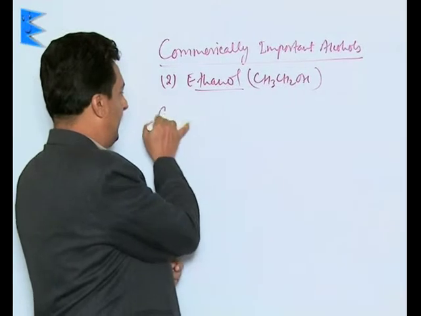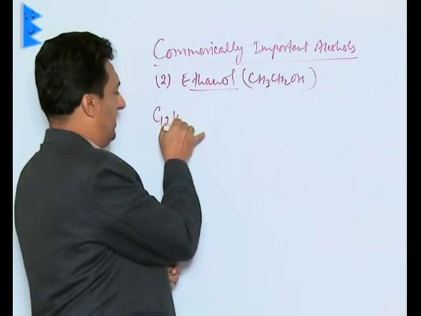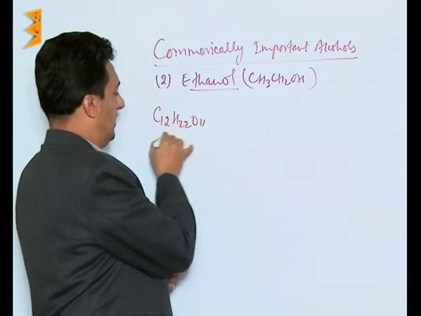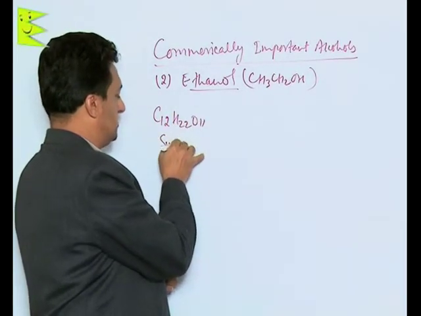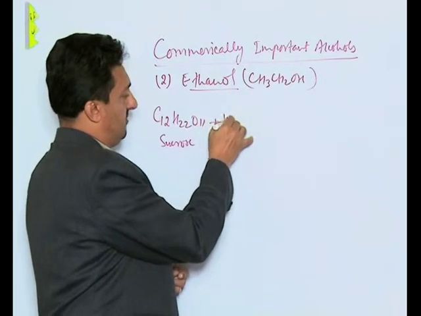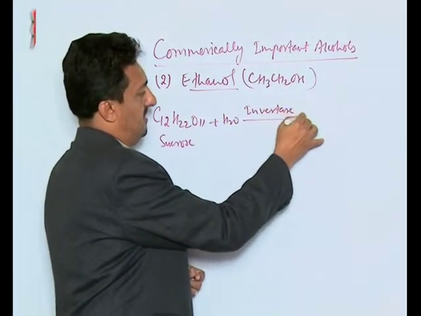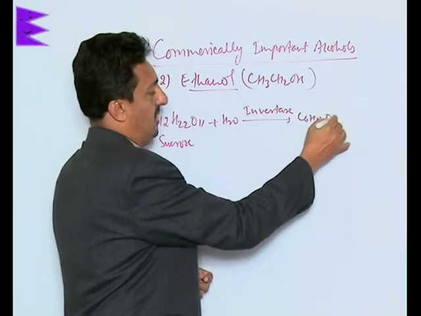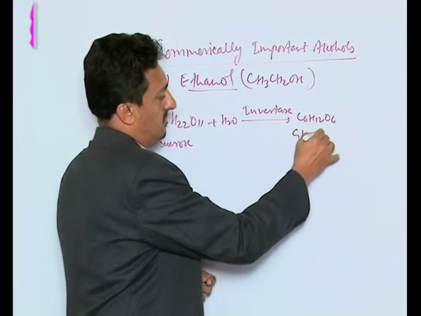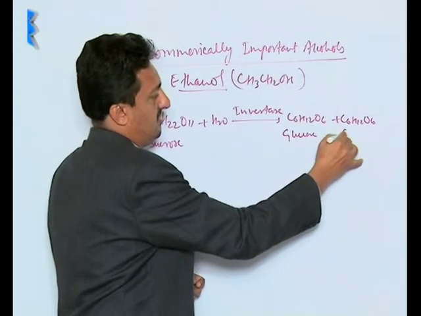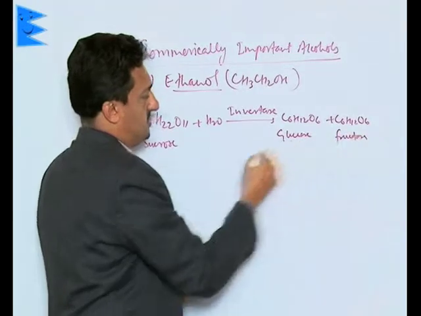So the process is like this. If we have C12H22O11, which is called sucrose, when mixed with water in the presence of the enzyme invertase, it is broken down to glucose, C6H12O6, and fructose, C6H12O6.